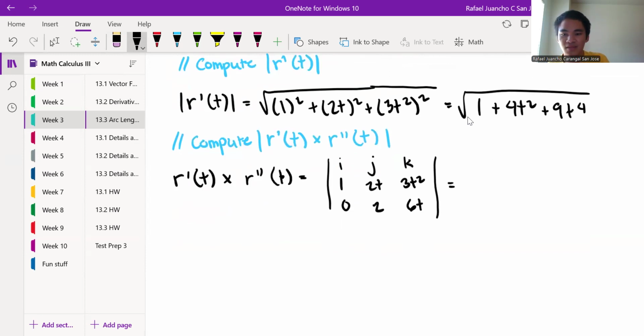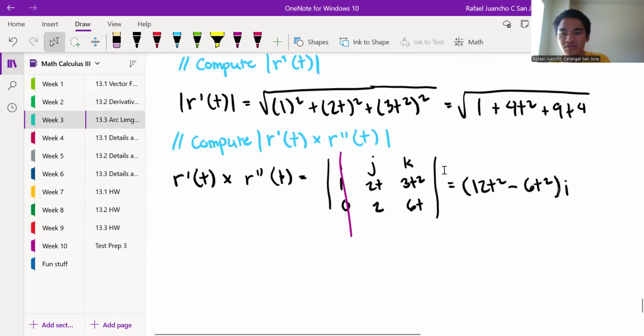So I take out my i: 2t times 6t. So that's 12t squared. I subtract that from 2 times 3t squared. So that's 6t squared, i.